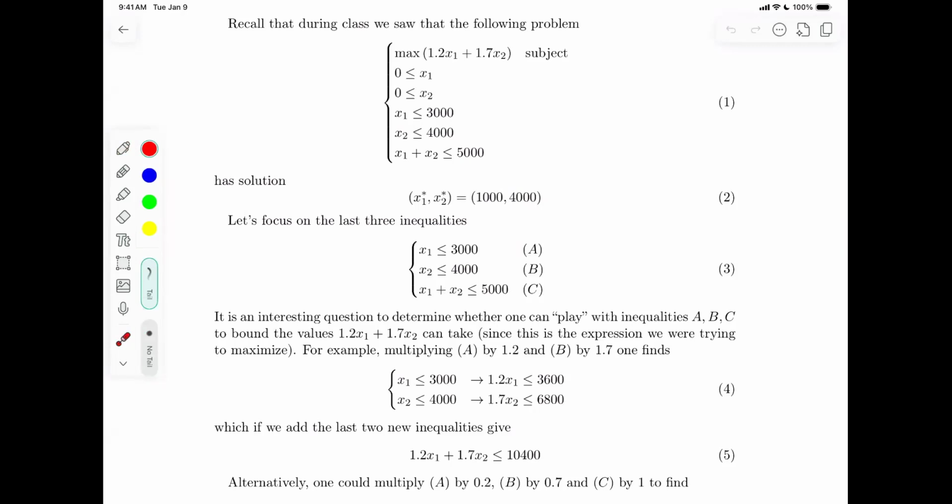Because of the price that you would get paid for the potatoes or the carrots, we ended up with a function where we were trying to find the max. X1 was the amount of potato seeds and X2 the amount of carrot seeds you would grow.